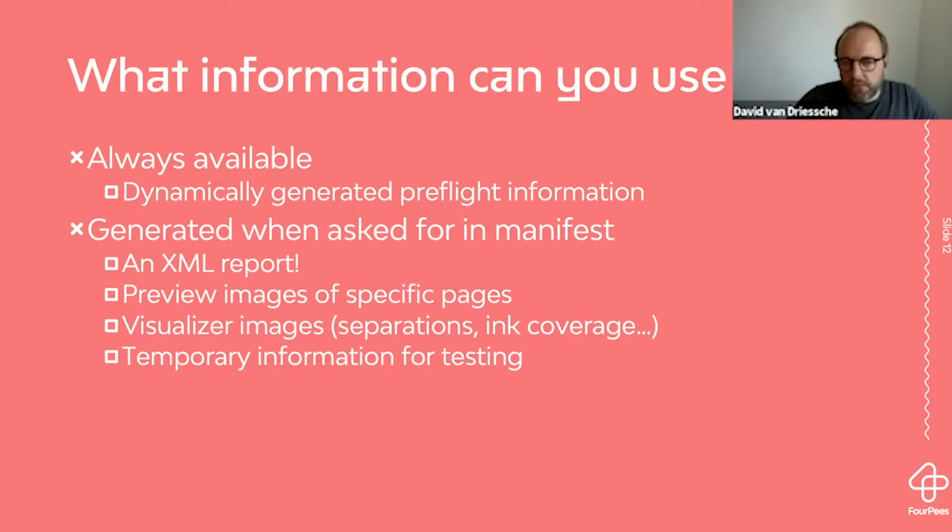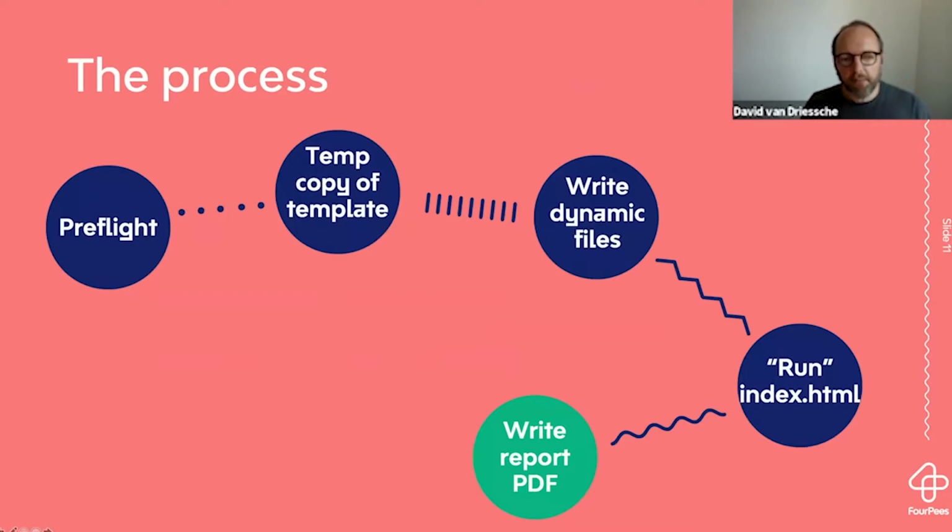But there is a lot more stuff that is generated during preflight. And in fact, probably the most complete source of information when you look at a preflight step is the XML report that can be generated as well. As part of this process in the manifest file, you can actually also ask for an XML report. If you do that, that XML report will be generated again in this temporary copy of the template that we were talking about.